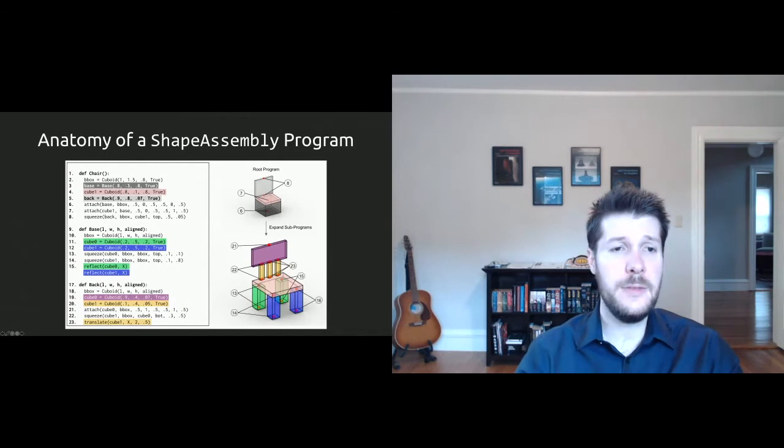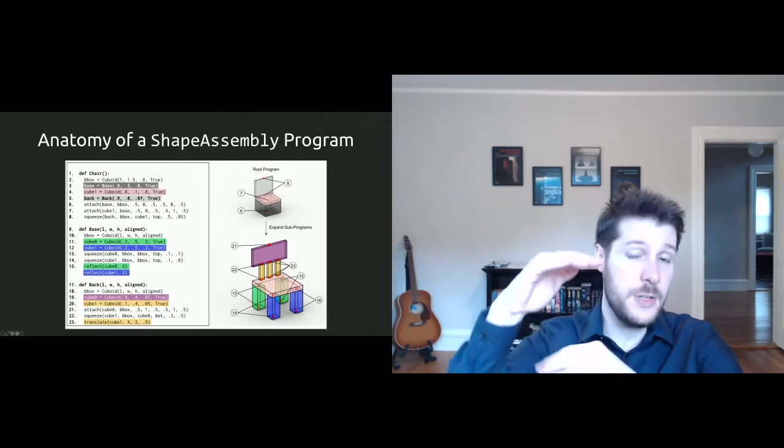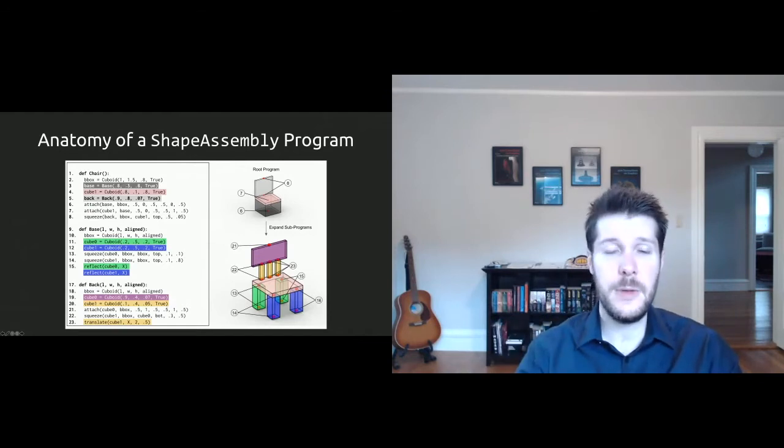We have some higher level operators like squeeze, which specify that a box is attached on two sides. That's what's going on with this one. It's attached on the top to this pink box, and on the bottom to the overall bounding box of the shape, which is not visualized here.